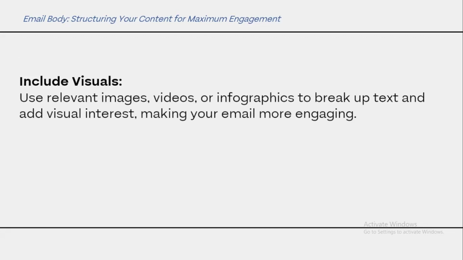Include visuals, very important. Use relevant images, right, to the message, or videos or infographics. This breaks up text, right, and adds visual interest, making your email more engaging, right? Because visual content has higher prospects for engagement than text.